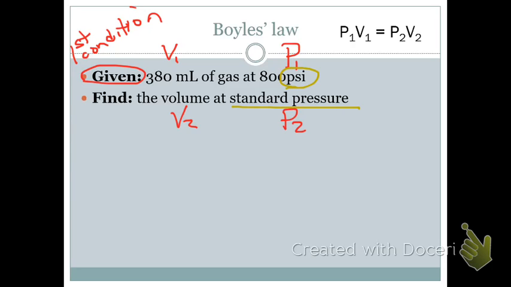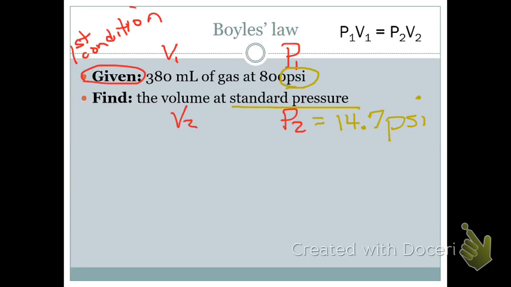So if the unit is PSI, then the standard pressure, or P2, is going to be equal to the standard for pounds per square inch, which you should know or should have on your list, 14.7 PSI.